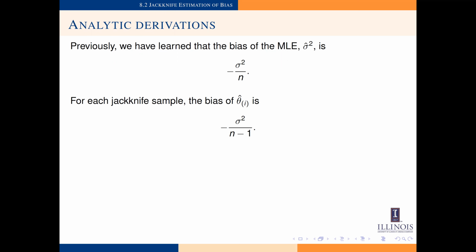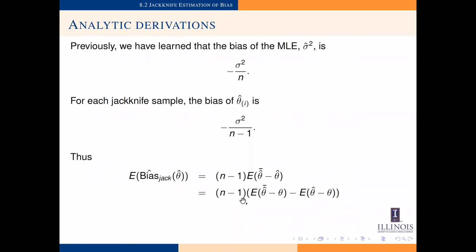So in this case, the bias for each of the theta hat i's should be negative sigma squared divided by n minus 1. So nothing is changing here except for the sample size. So you can see that the expectation of the bias estimate using Jackknife is equal to n minus 1 times the expectation of theta hat bar minus theta hat.